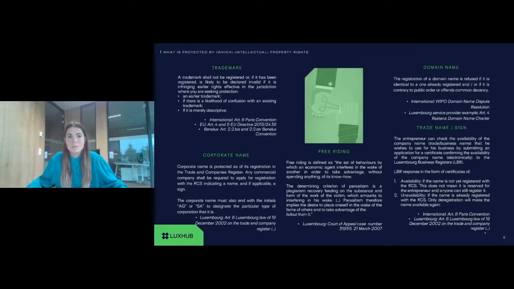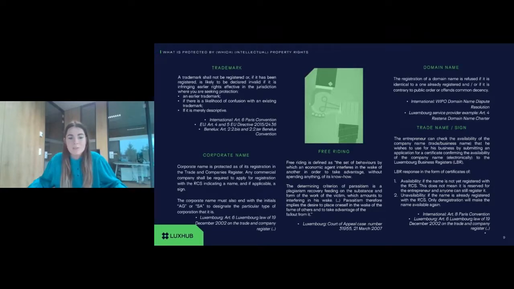And this is also important because there is potentially another person that is already using this name, and you may eventually have to prove that you have been using this name for a long time, and that you are actually protected under the law. As you can see in the slide, I have put there the concept of free riding, covered under Luxembourgish law.